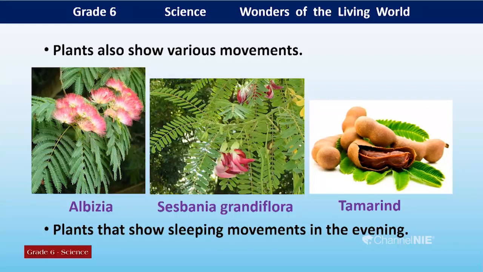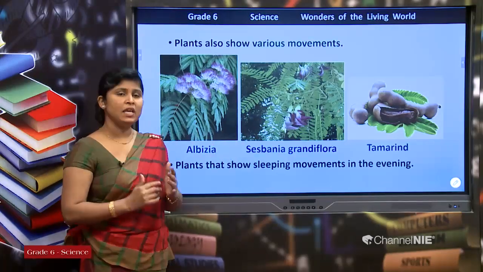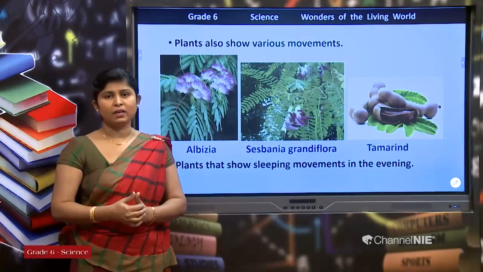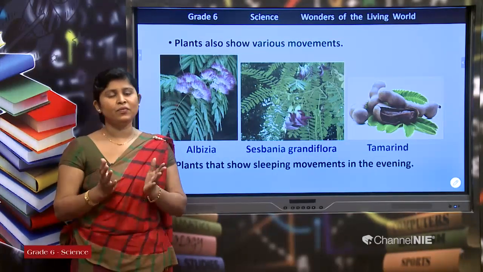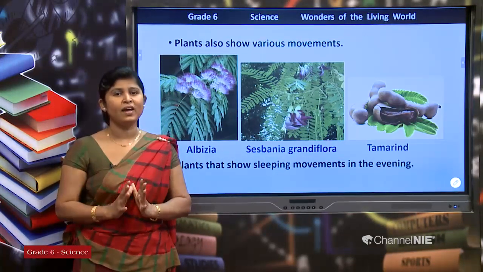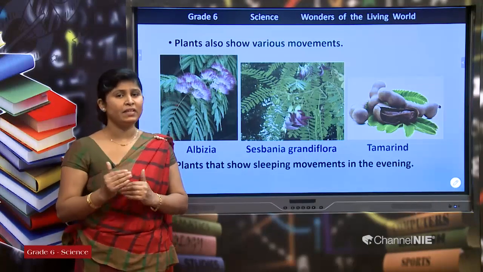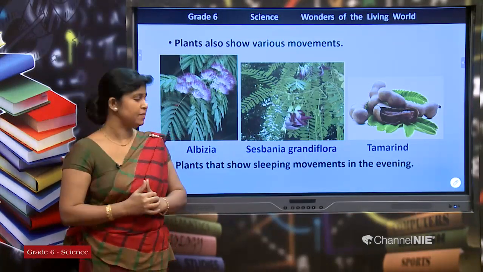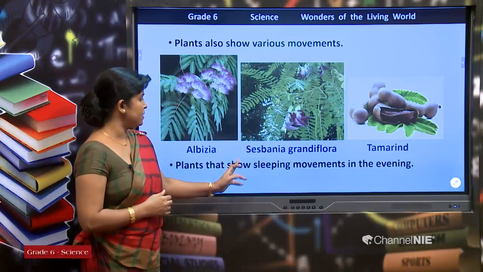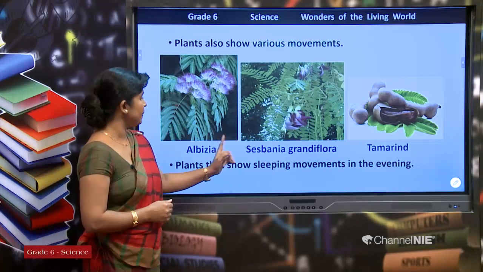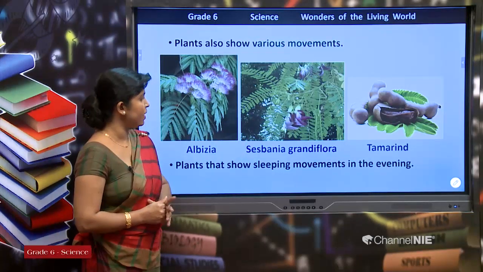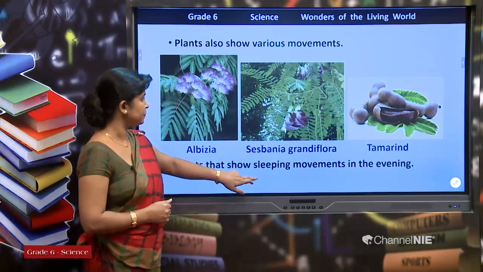Have you ever observed this? Yes. When the darkness comes, they start sleeping, right. If you have not observed it so far, today also after the lesson you can observe this. Plants that show sleeping movements in the evening, the examples are Albizia, Sesbania grandiflora and Tamarind.